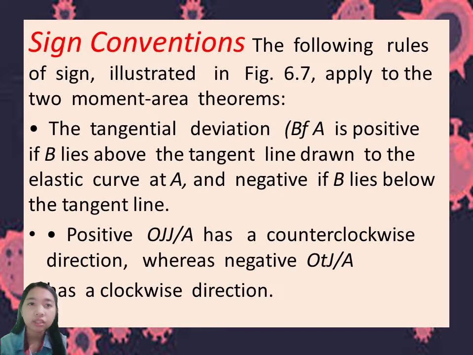For the first one, the tangential deviation of B with respect to A is positive if B lies above the tangent line drawn to the elastic curve at A, and negative if B lies below the tangent line. The second one, positive θ of B over A has a counterclockwise direction, whereas negative has a clockwise direction.